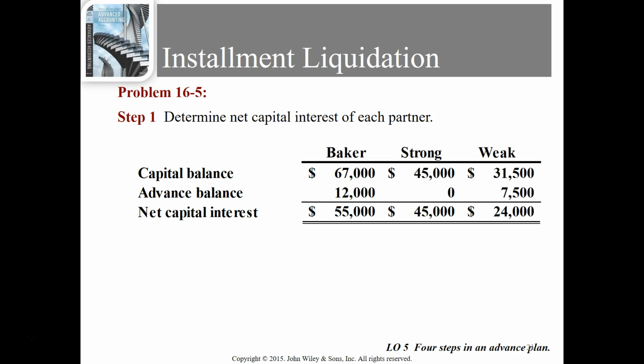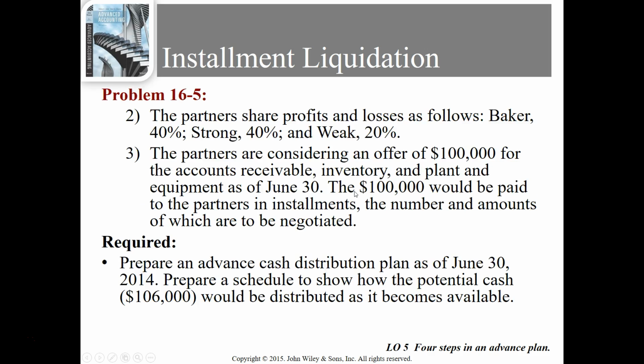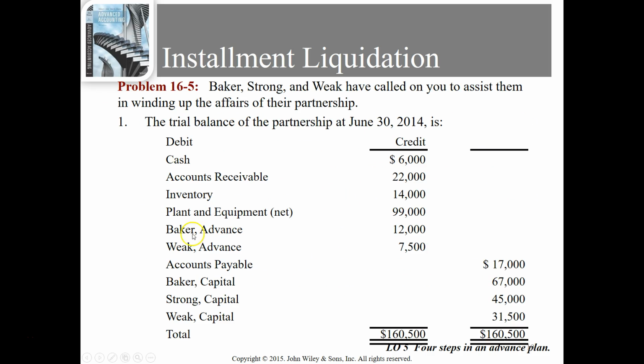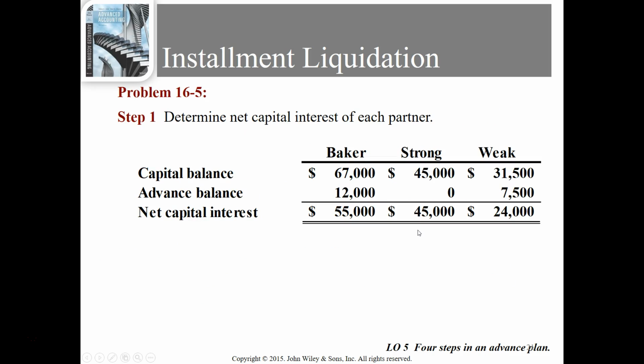So first would be to determine the net capital interest of each partner. So you'll notice that Baker and Weak did have, if you go back a few, did advance us some money, kind of a loan receivable, which we're going to net.